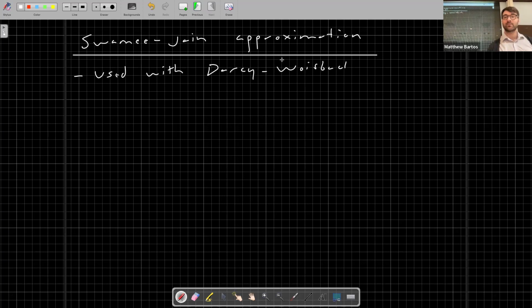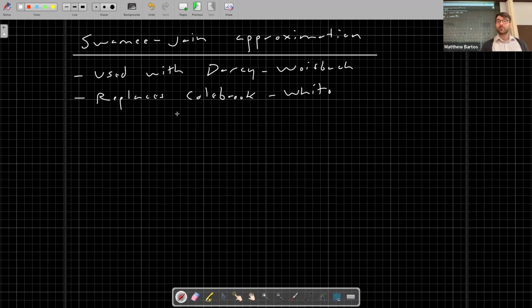You can essentially think of it as a drop-in replacement for Colebrook-White. It's an approximation to the Colebrook-White equation for computing the friction factor, and it's going to make your life a lot easier.